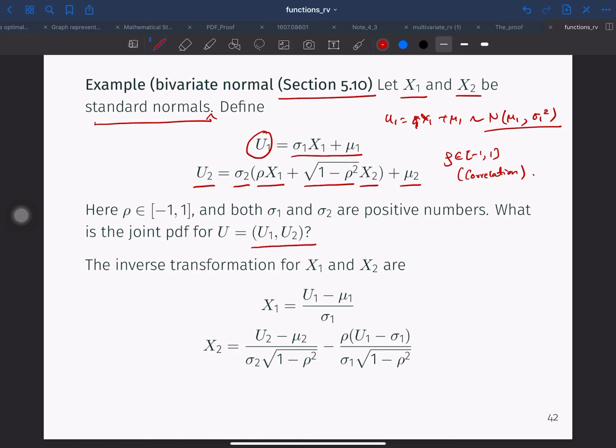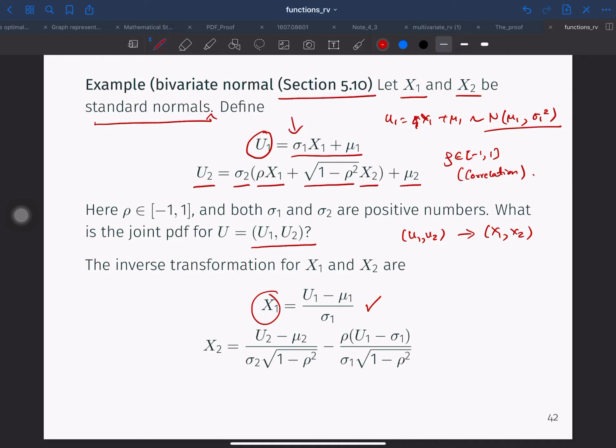And this is once again an exercise in the multivariate Jacobian. So we just need to invert back. From U1 and U2, I want to go back to X1 and X2, and I can easily do that as follows. X1 is simply U1 minus mu1, divided by sigma 1.